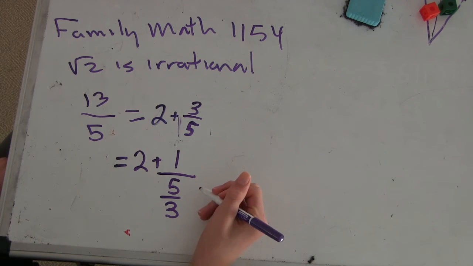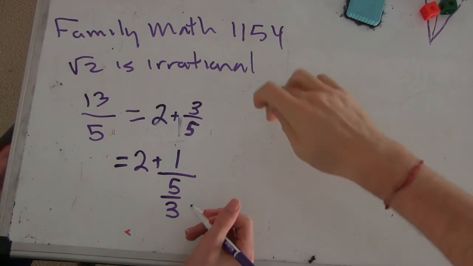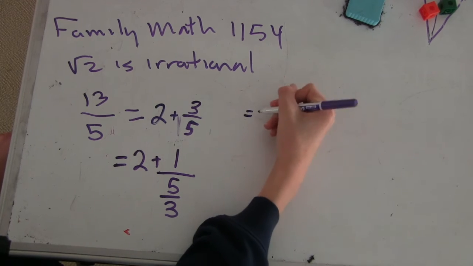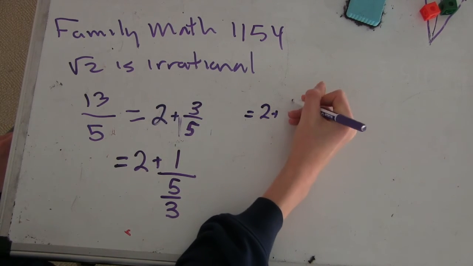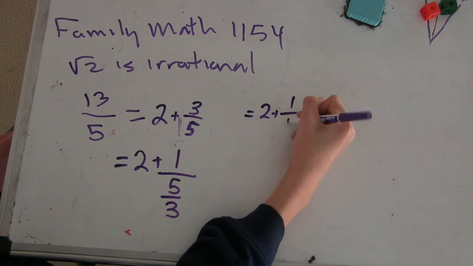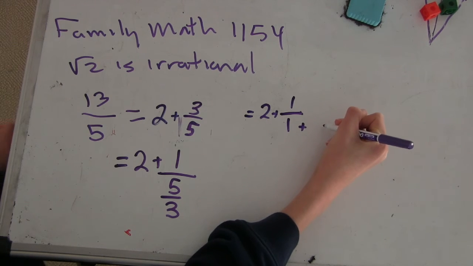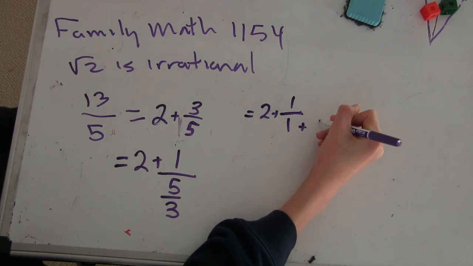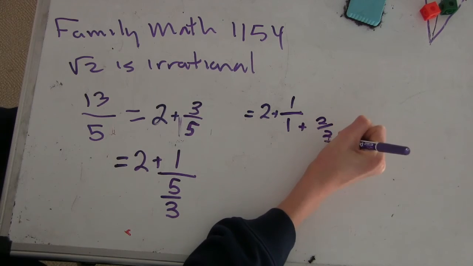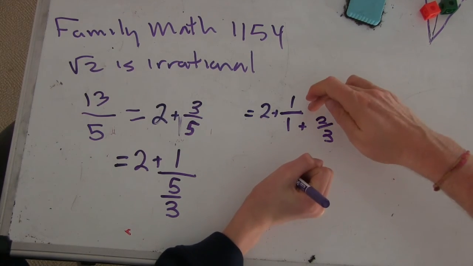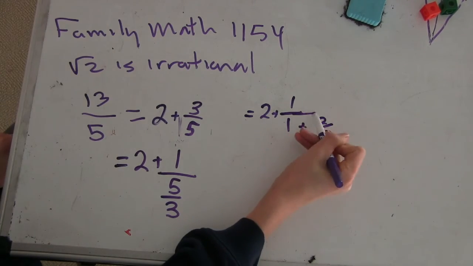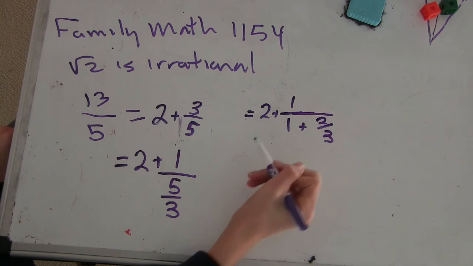Okay. And maybe write that over here. So now we have 2 plus 1 over 1 over 1 plus 2 thirds. Okay. Yeah, and the only thing is just make sure we extend that fraction bar on top long enough to make sure we know everything's underneath there.